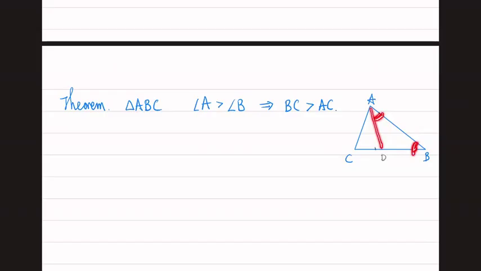That means AD and BD are the same length, but it's not very helpful. We want to compare AC and BC. So we will use something like this for the next theorem. Keep this in your mind.